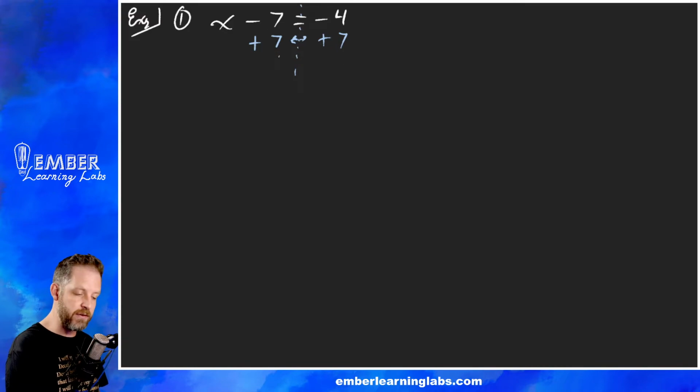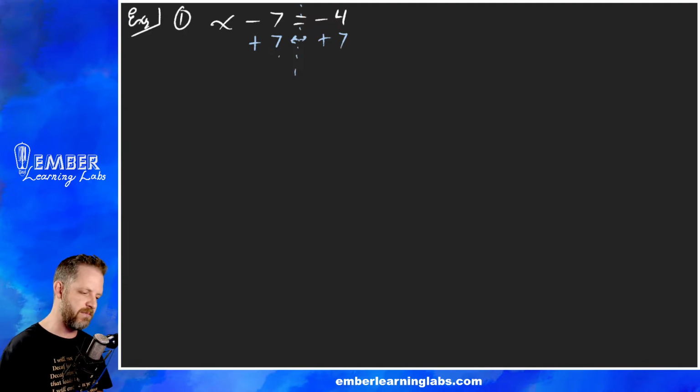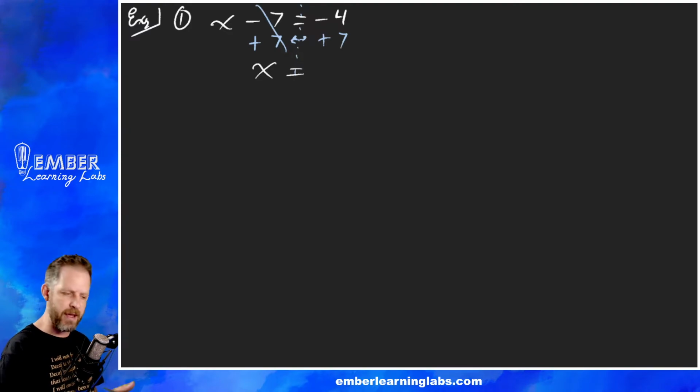So -7 plus 7 cancels, because that's what the inverse does, is it makes the number go away. So that's our goal here, is to make the number go away. So -7 plus 7 cancels out, right? And so all we're left with, what we haven't touched, is x over on the left side. We're going to bring down our equals, and we're going to keep it all nice and lined up, nice and neat and organized and orderly.